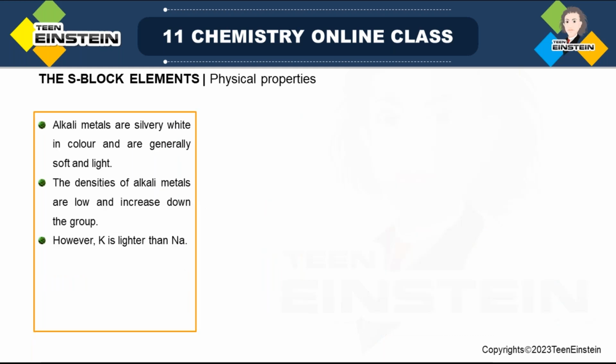So after finishing all these atomic properties and flame properties, next you will start the physical properties. Physical properties means boiling point, density, melting point, what is the outer appearance, whether they are solid, liquid, like this. All these are physical properties. So obviously all of them are solid, and all of them are silvery white in color, though there is some little difference.